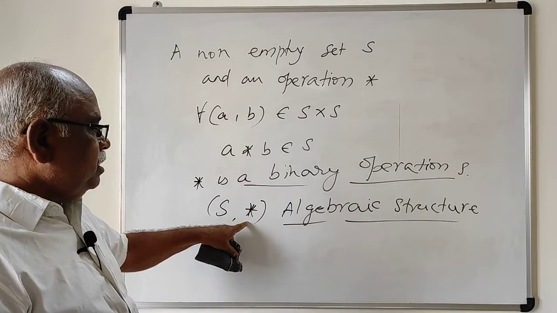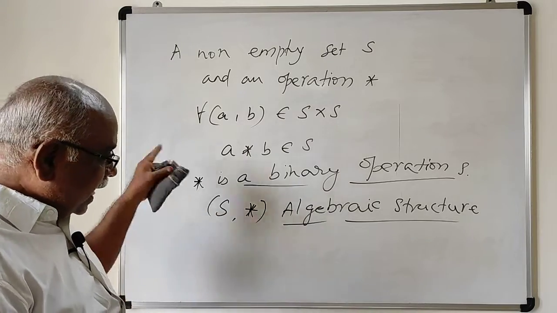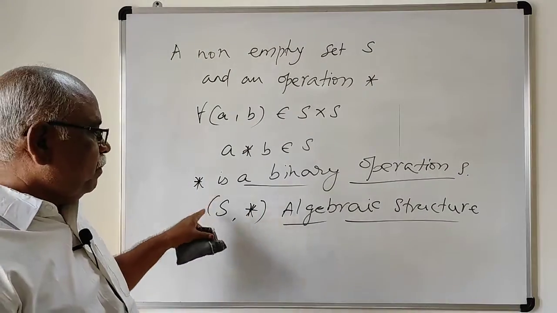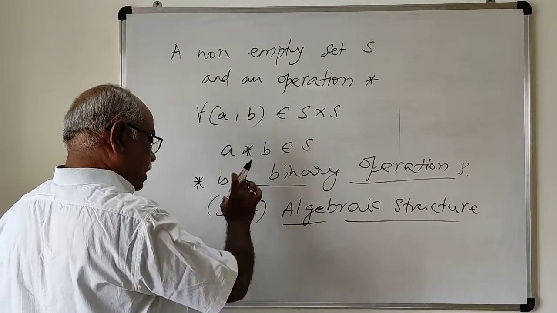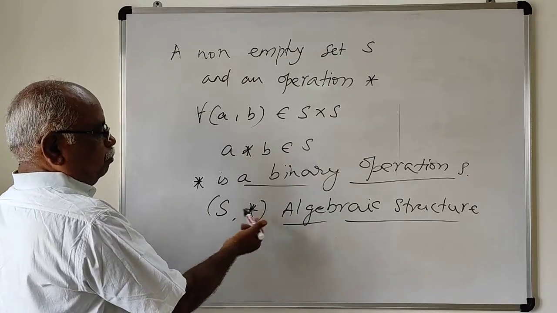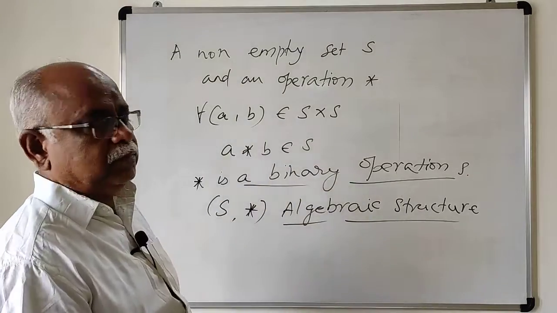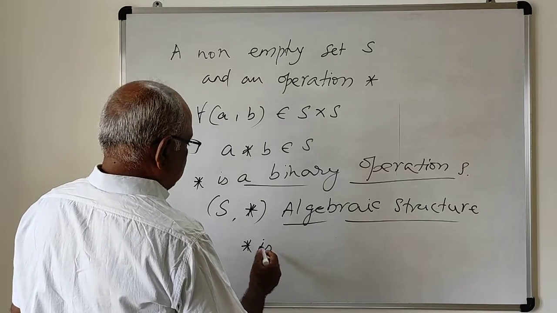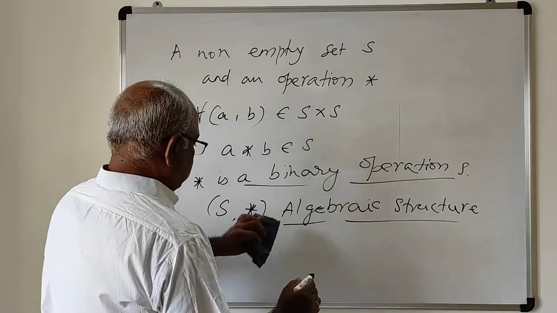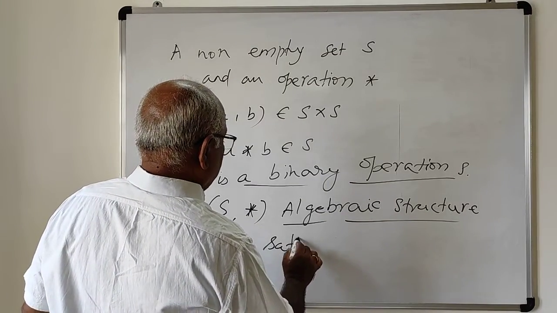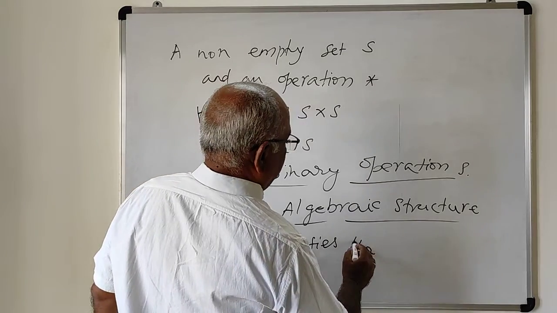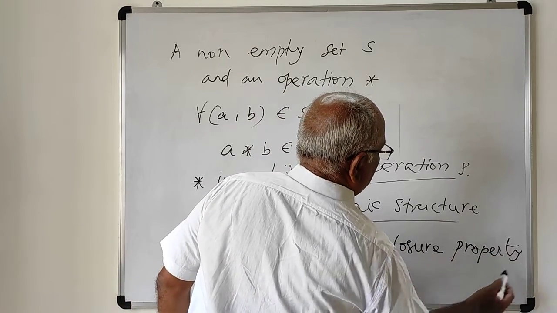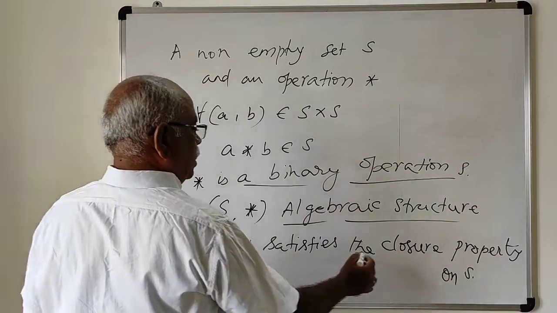And if this operation operated upon any two elements of the set S gives a resulting element again in the set S, then we can say that the operation star satisfies the closure property on the set S. If the operation is binary on the set S, then the set is closed under the operation star.